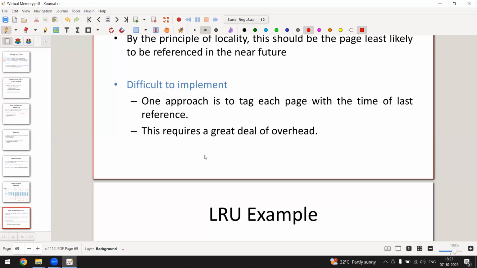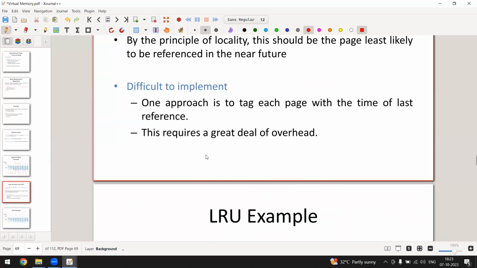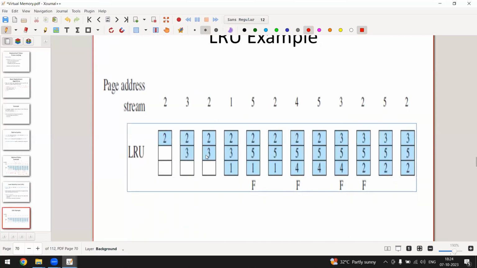So it's kind of overhead, but there are different alternatives to implement this LRU. As mentioned here, one approach is to tag each page with the time of the last reference. It's like last access time. With every page, we have a last access time. So when we are doing swapping, we'll see whichever page was not used in the near past, and we can swap that. So see the example of LRU.